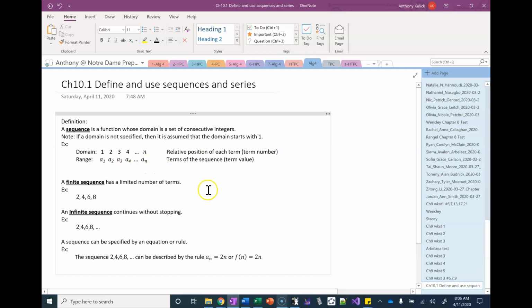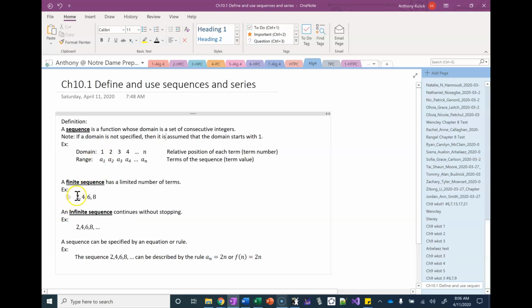So we have two types of sequences that we can classify by their number of terms. We have finite sequences. A finite sequence has a limited number of terms. So for example, if we have the sequence 2, 4, 6, 8, this sequence has exactly 4 terms. The first term is 2, so a1 would be 2 because its term number is 1.